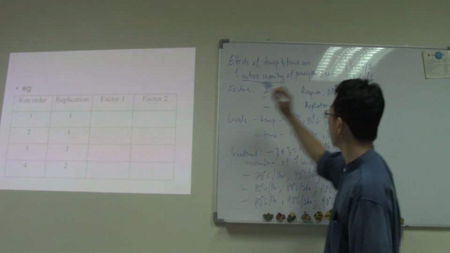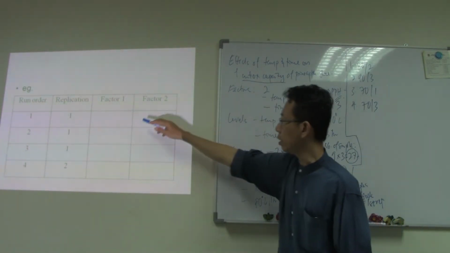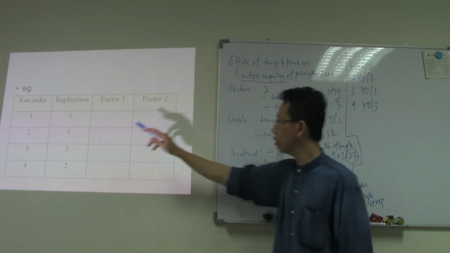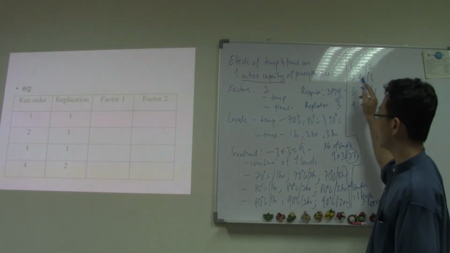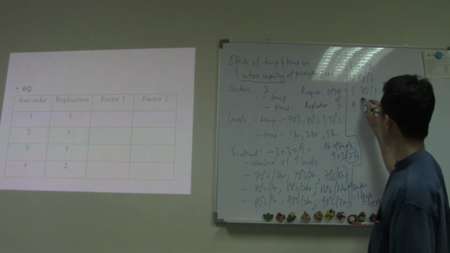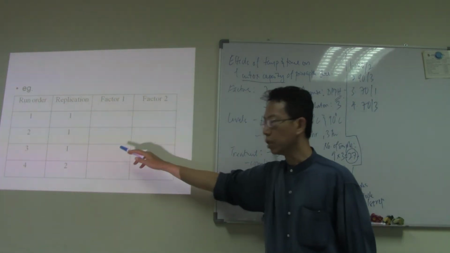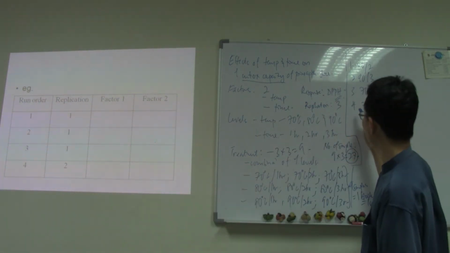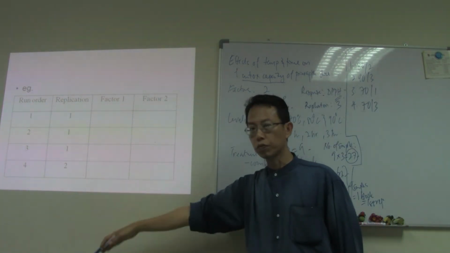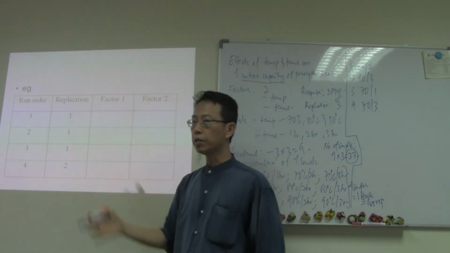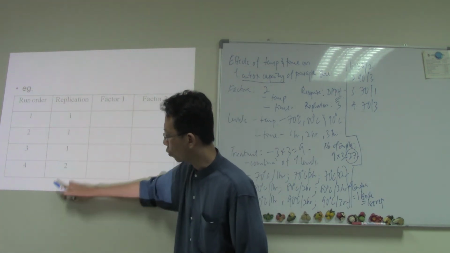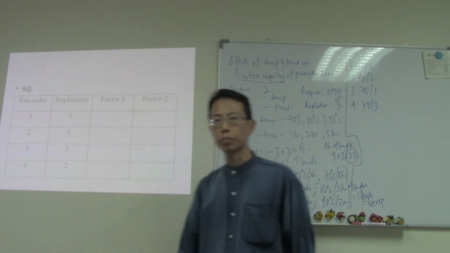For the first factor we have 80 degrees C, and the second factor is 2 hours. The second run is 90 degrees C and 3 hours. The third is 70 degrees C and 1 hour. The fourth is 70 degrees C and 3 hours, and so on. Meaning that if you have 9 samples, replication 1 will have runs 1 until 9.